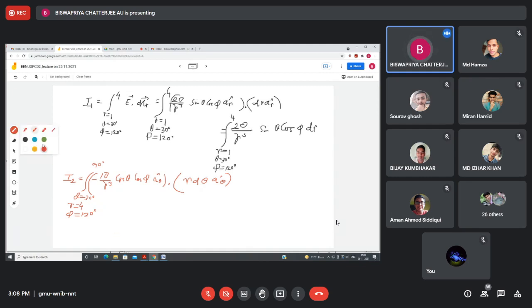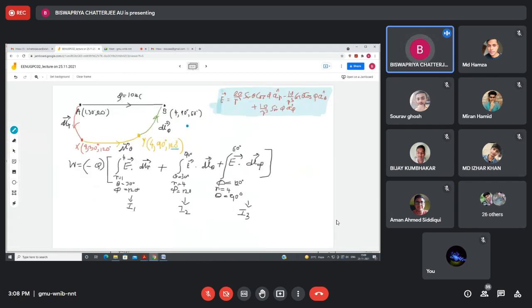Similarly, if you integrate I3, the integration limit would be phi from 120 to 60.